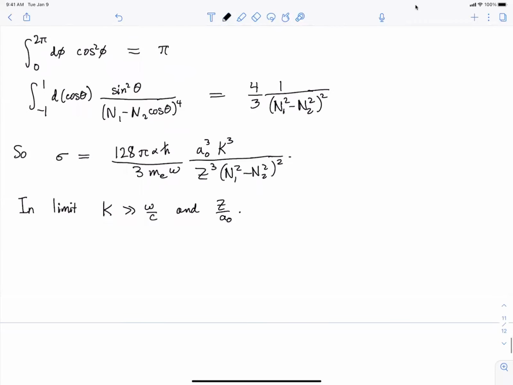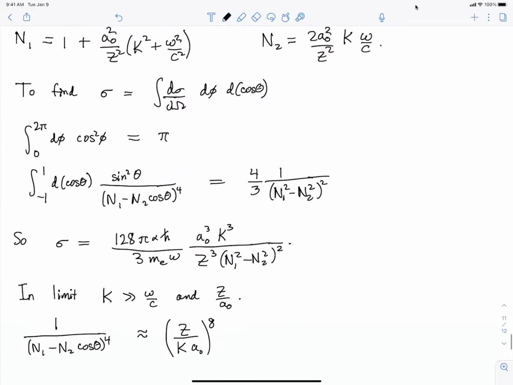Okay, so in that limit, if we go back up to our n1 and n2 formula, so when we had this factor of n1 minus n2 cosine theta to the fourth power, really the n2 is much, much smaller than n1. And so this just works out to be z over k Bohr radius to the 8th power. So where did we get that?